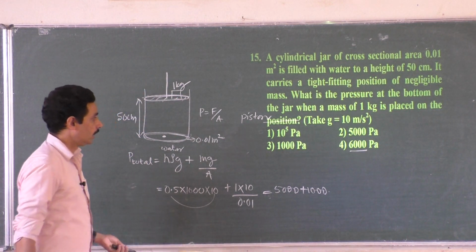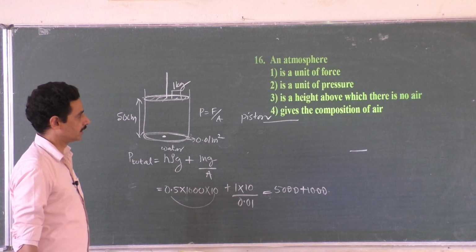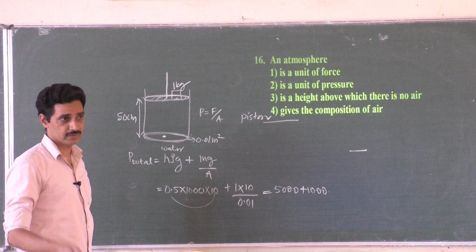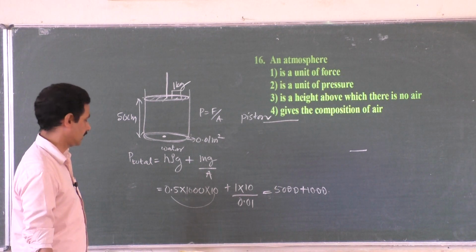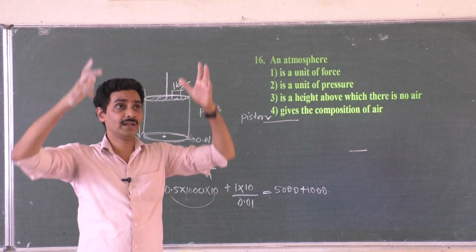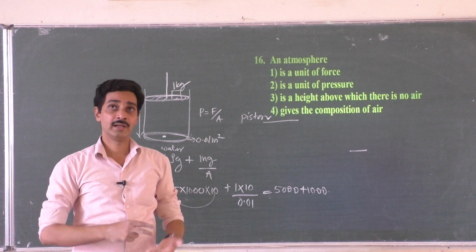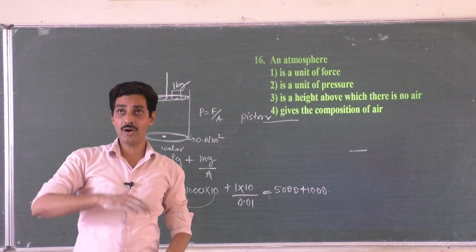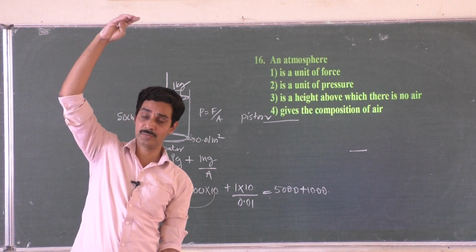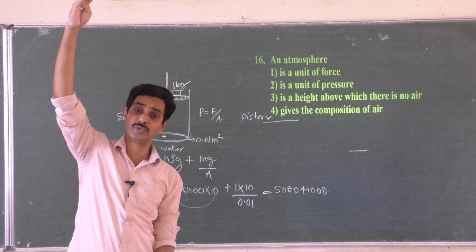That's all. Okay. 16. An atmosphere. 1 atmosphere, 2 atmosphere. It is a unit of pressure. It is the pressure exerted by a cylindrical column of air whose base area is 1 meter square, and it is the pressure exerted by all the air within the cylinder starting from sea level to the top of the uppermost air layer.